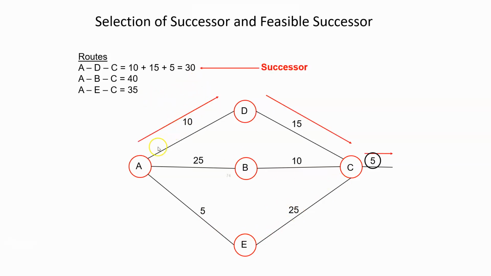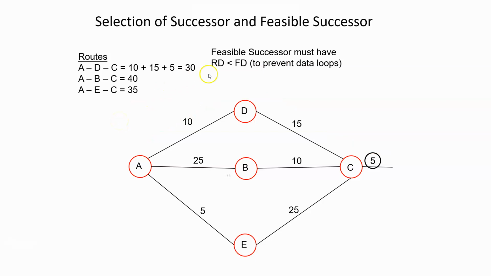The reported distance here would be, we're going to have 30 here, and then the entire thing would be 35. Feasible distance, reported distance less than the feasible distance here to prevent loops.